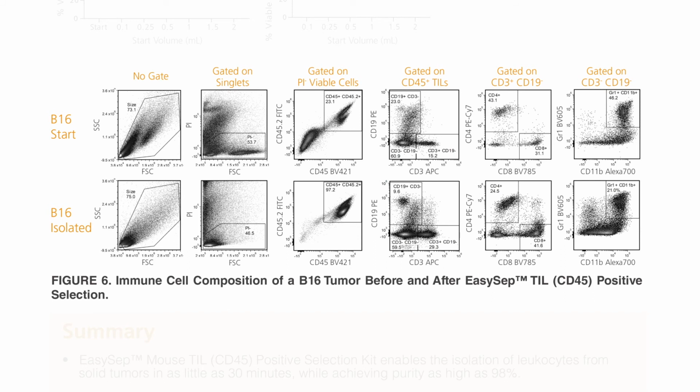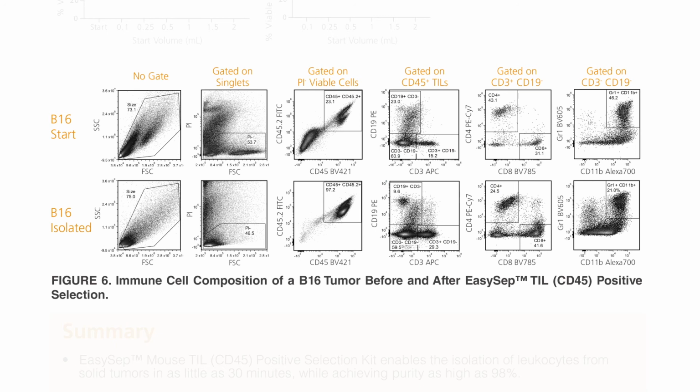Then we gated on CD3 positive, CD19 negative T cells to further analyze the distribution of CD4 and CD8 T cells. Last but not least, we analyzed GR1 positive, CD11b positive within the CD3 negative, CD19 negative population, which would include neutrophils, monocytes, and myeloid-derived suppressor cells.